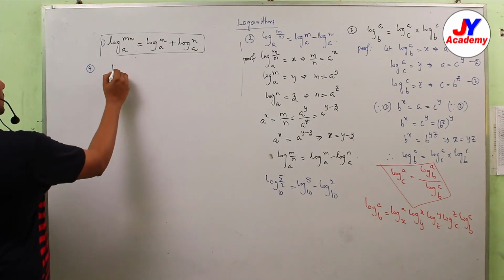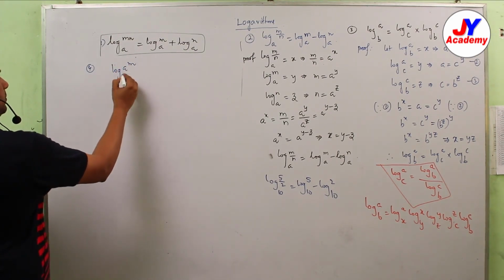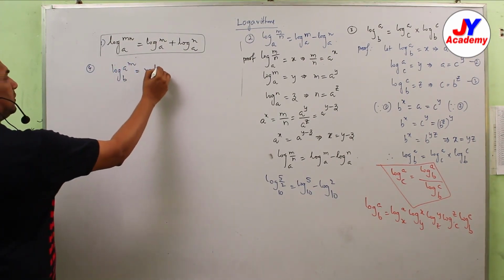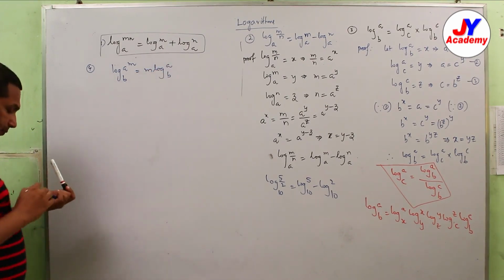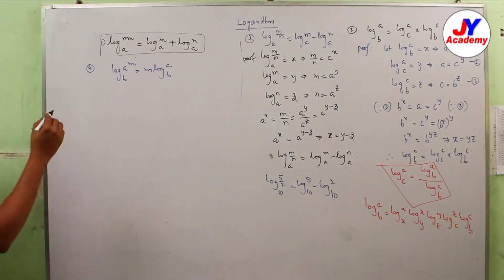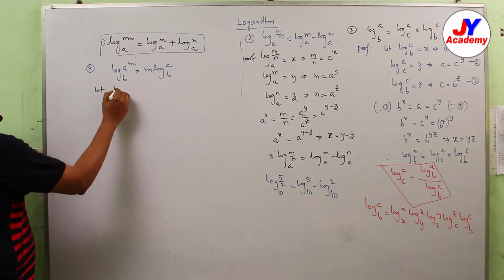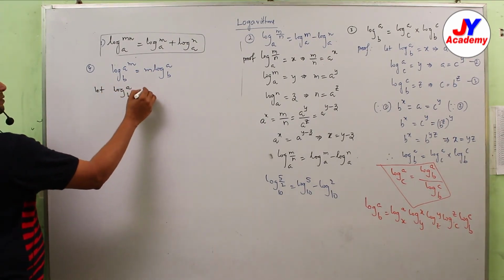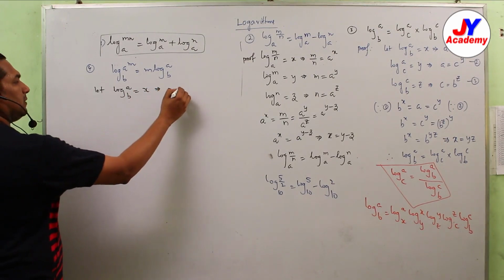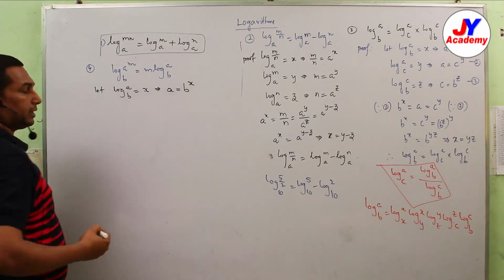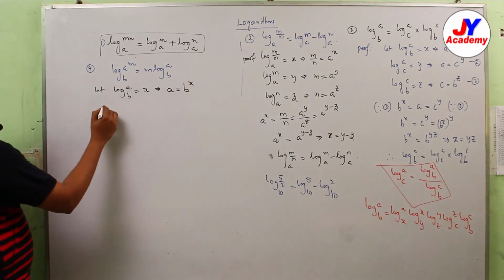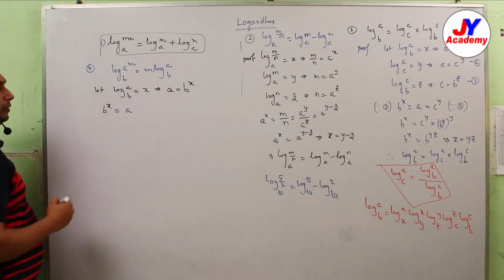Fourth one, log a power m base b is equal to m log a base b. So let log a base b is equal to x, then a is equal to b power x, that is exponential form. So b power x is equal to a.